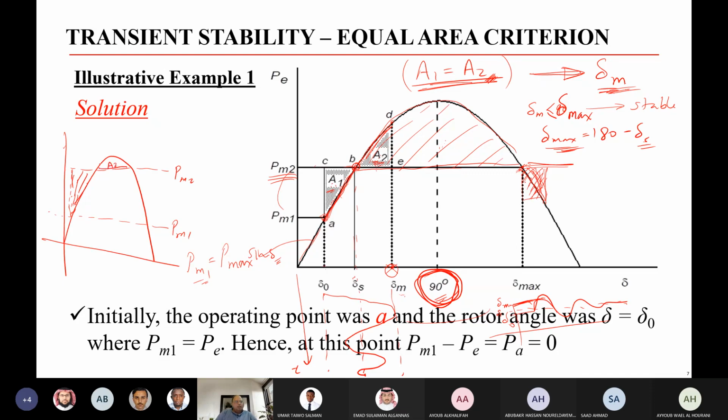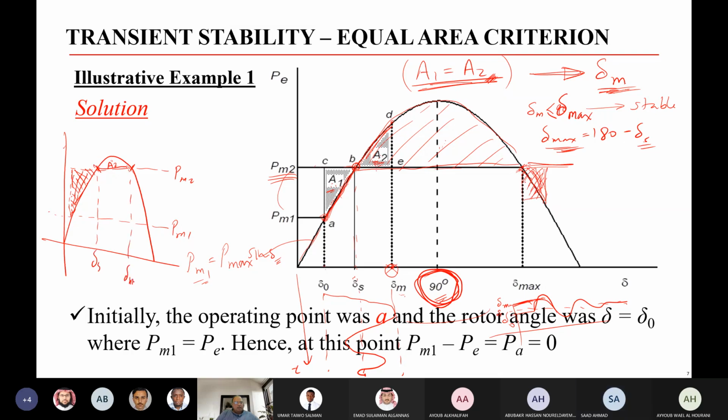This is A2, the whole area available for the deceleration, right? Is it clear? In this case, you have acceleration areas very high and you don't have enough deceleration area to compensate. That means the system will be unstable and this delta is greater than delta max. This is delta max here and this is delta S. Am I right? Yes, Doctor.